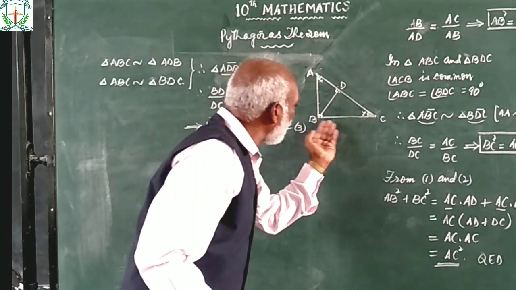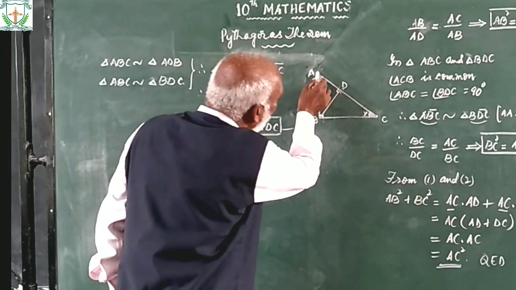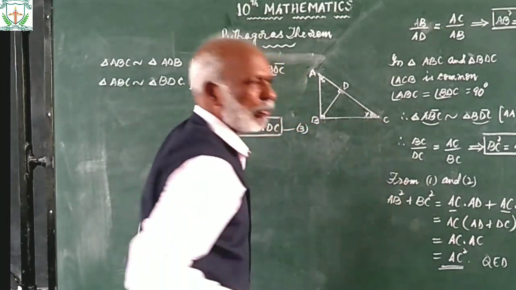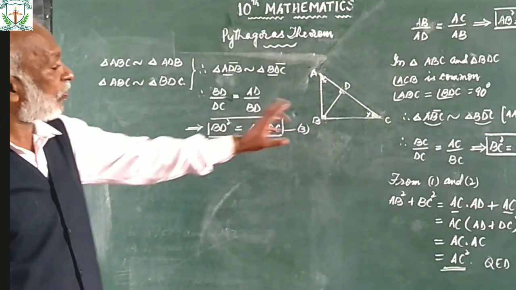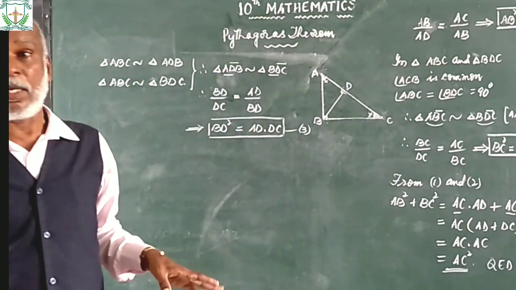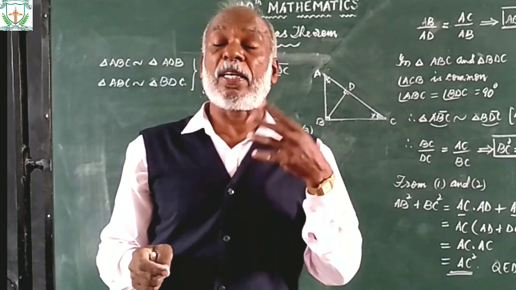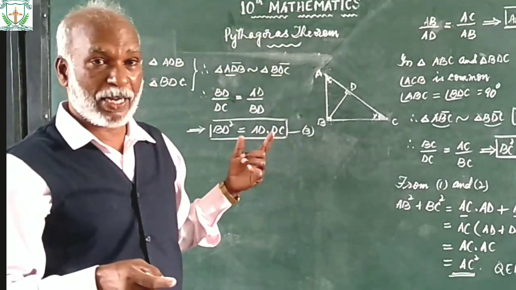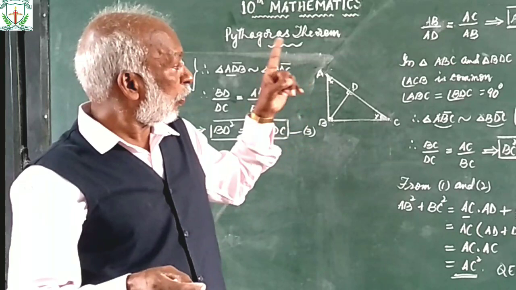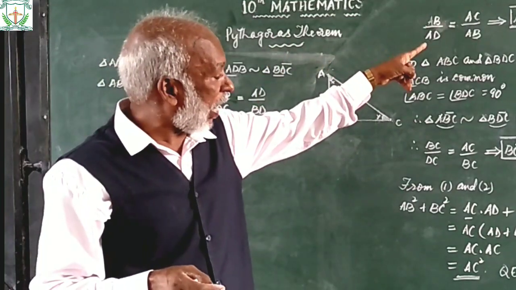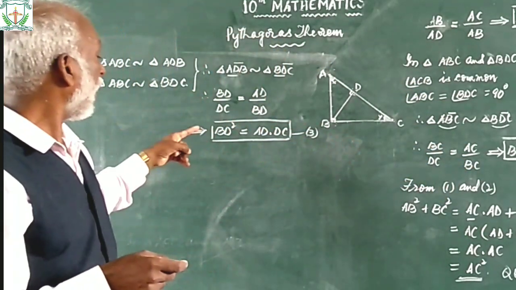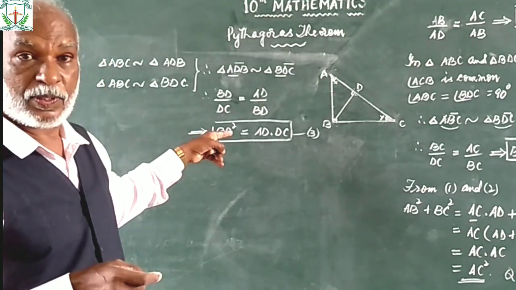The square of BC is equal to AC into this part. It's very simple to remember. So these three results are very important on the point of proving problems, working out problems based on Pythagoras theorem. So you should note down result 1, result 2 and result 3. Is it clear?